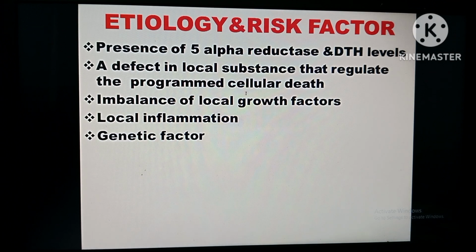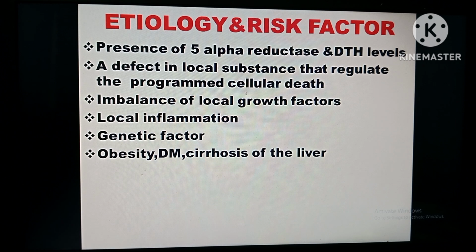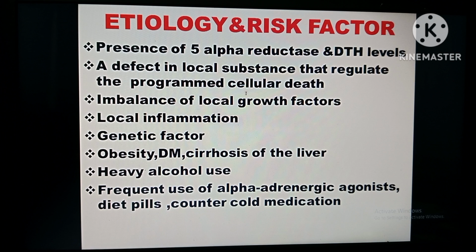Genetic factor, family history. Obesity, excessive bad cholesterol. Diabetes mellitus, cirrhosis of the liver, meaning damage of the liver. Heavy alcohol use, and excessive use of either prescribed or self-medication like alpha-adrenergic agonists, diet pills, and over-the-counter cold medication.